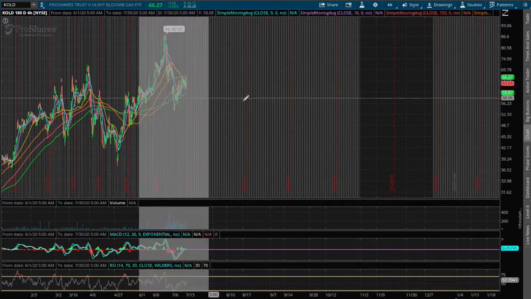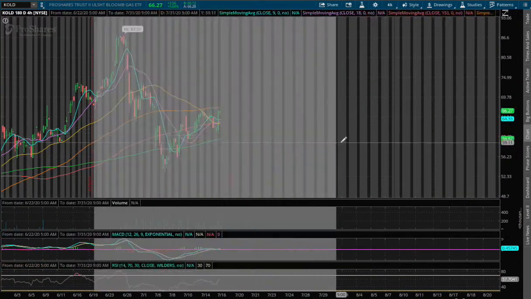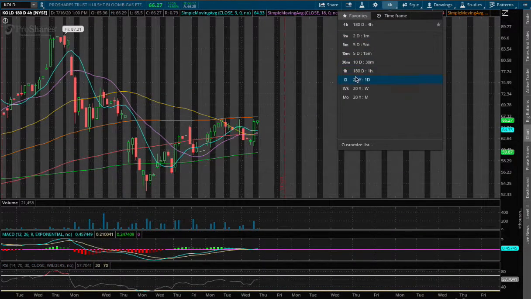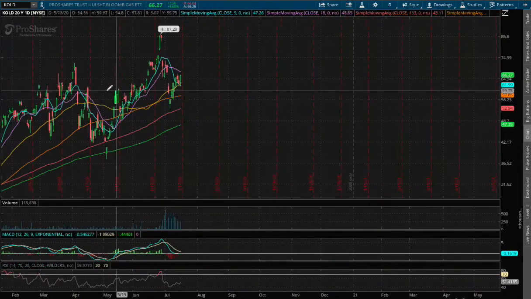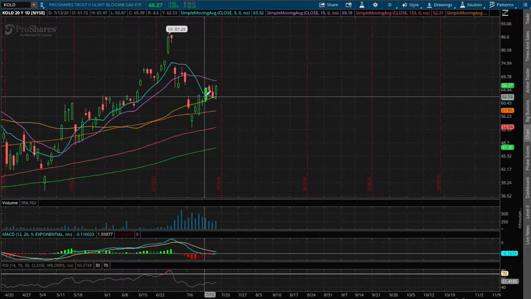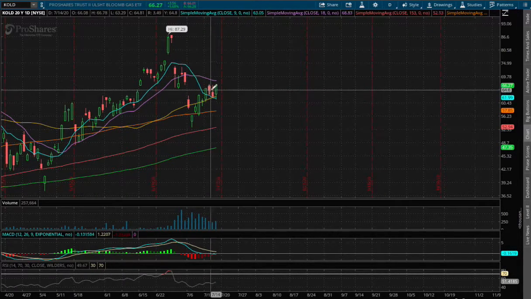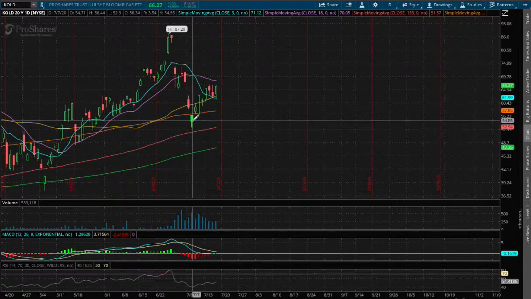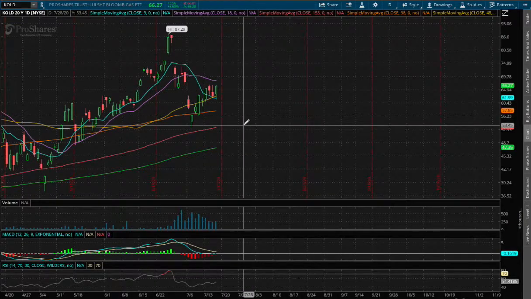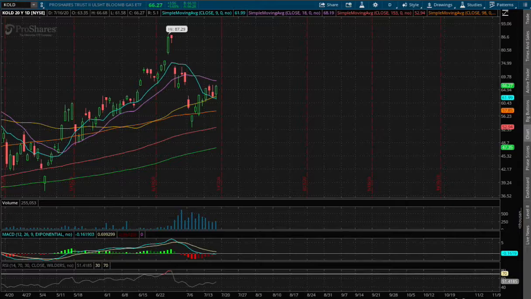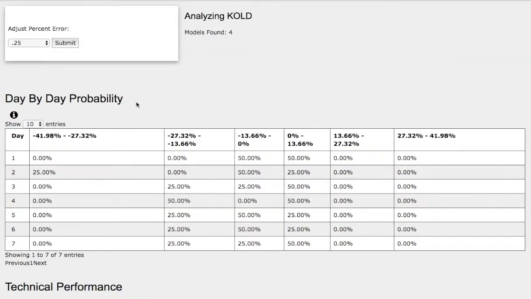As for the 4 hour chart, we are also in positive MACD, and if we expand that further onto the daily chart, we bounced right off the 100 moving average, this orange line, and we also continue to make higher highs above the 9-day moving average, this blue line. And as long as we don't make any new lower lows, the trend is still in favor to the upside for COLD. So now let's examine the day-by-day probability model.